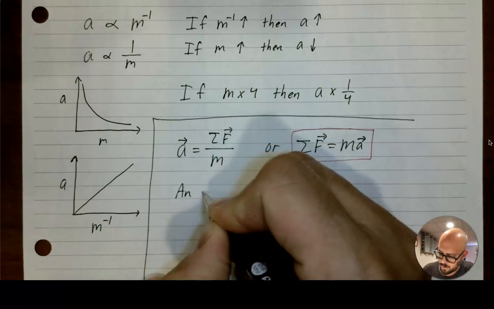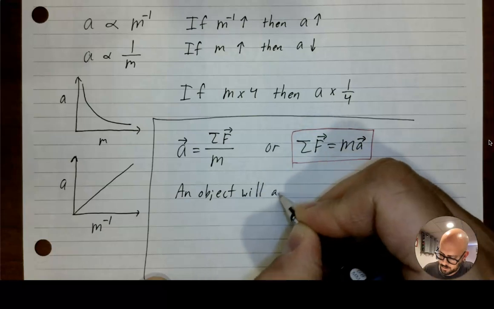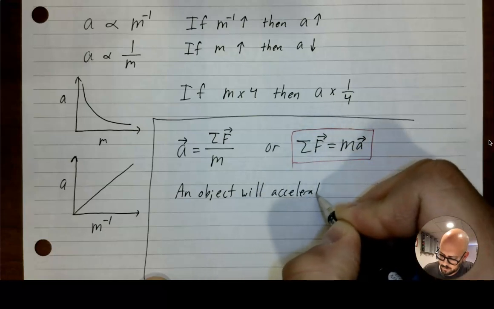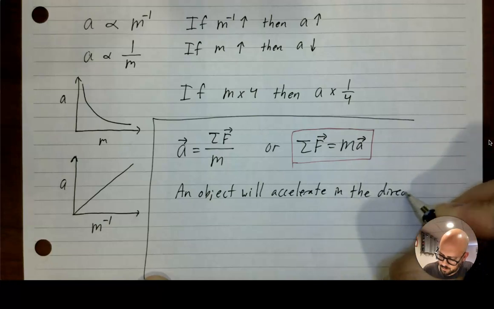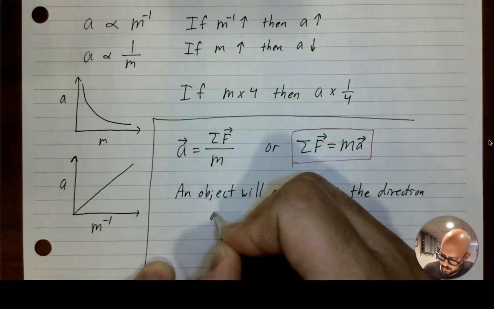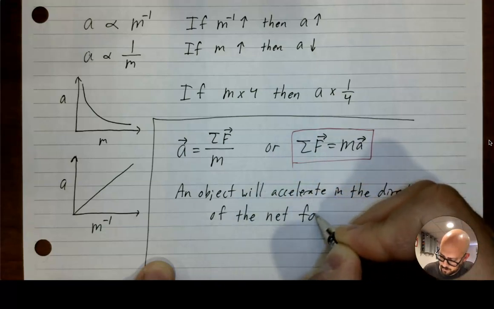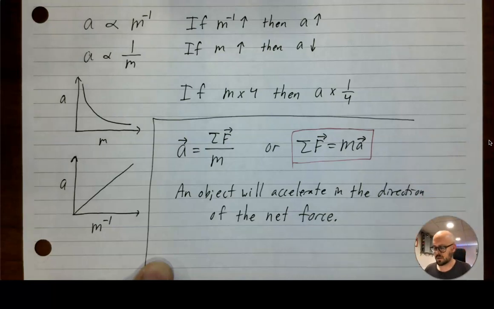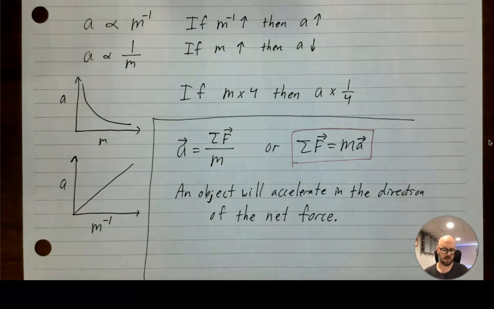In other words, an object will accelerate in the direction of the net force. That doesn't mean it will move in that direction. We will break that rule repeatedly, but it will always accelerate in the same direction as the net force.